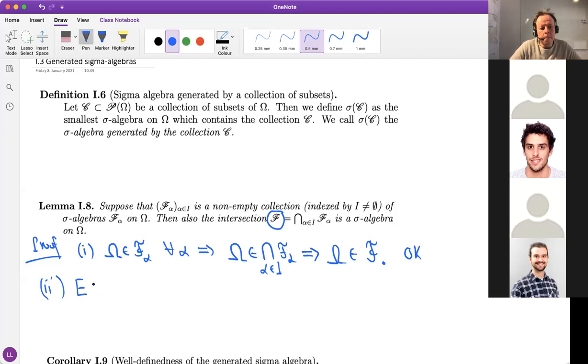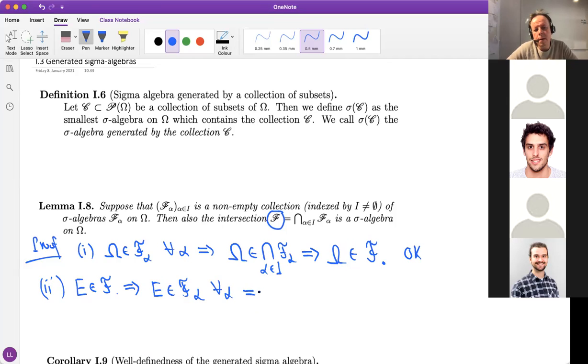Imagine we take a set E from F. Then what does it mean? It means that E belongs to F alpha for all alpha, and every F alpha is a sigma algebra. So every F alpha is closed under complement.